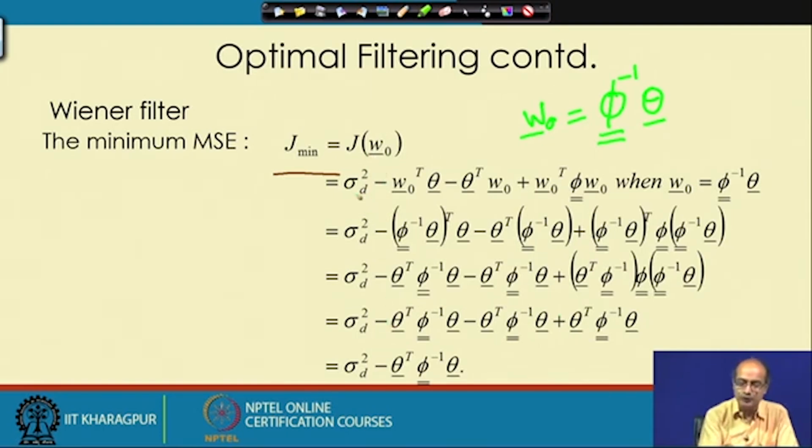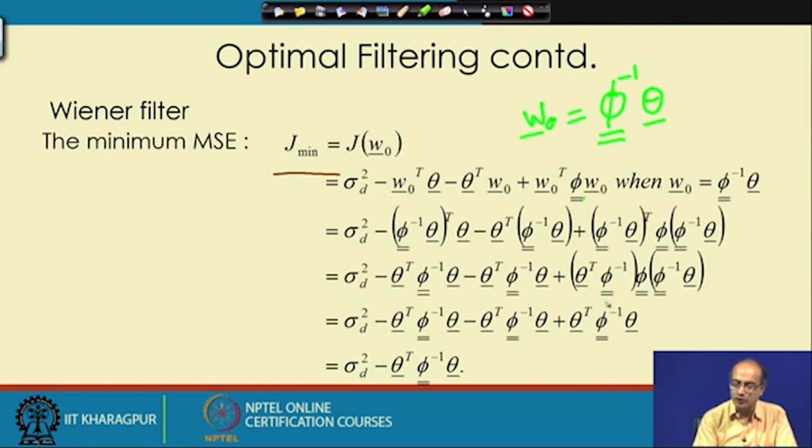We know it has 4 terms. The first term is the variance of the desired signal, and then we have the 2 cross terms between theta and W 0, where theta is the cross correlation between the observed signal and the desired signal, and then the 4th term uses the autocorrelation matrix.